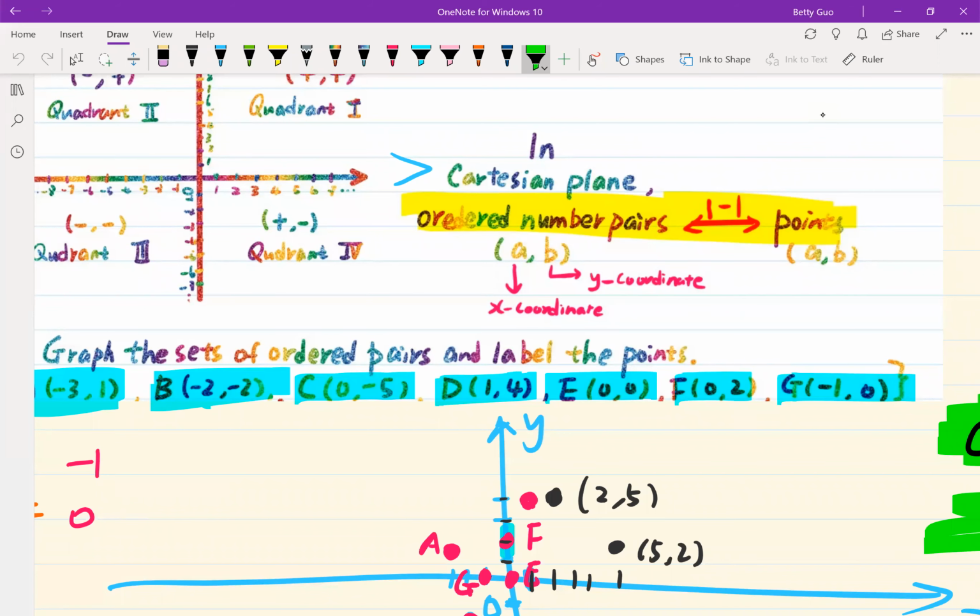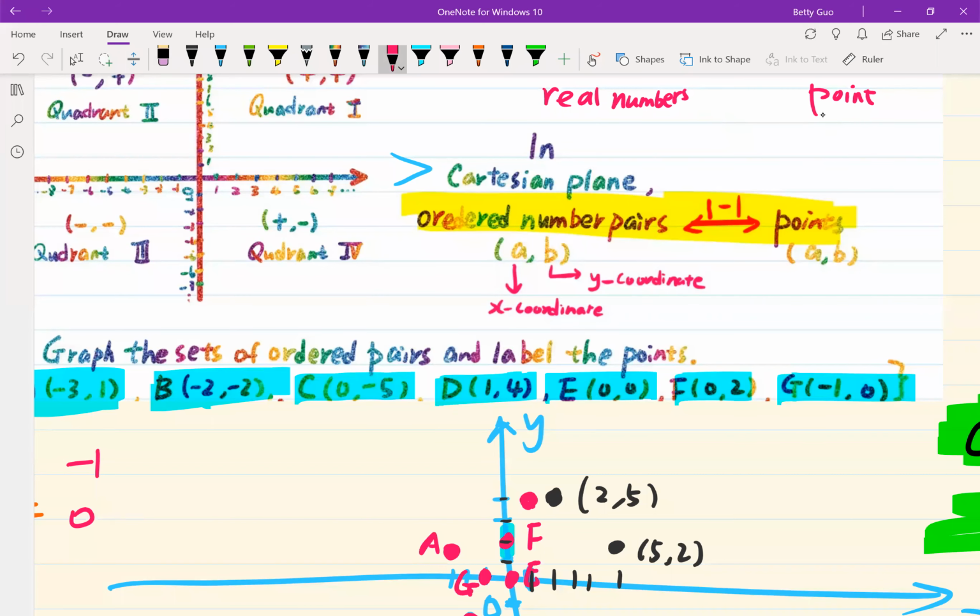We actually mentioned a one-to-one correspondence relationship before, when we talked about the real number line. We said any real number in the real number set and a point on the real number line have a one-to-one correspondence relationship between them.